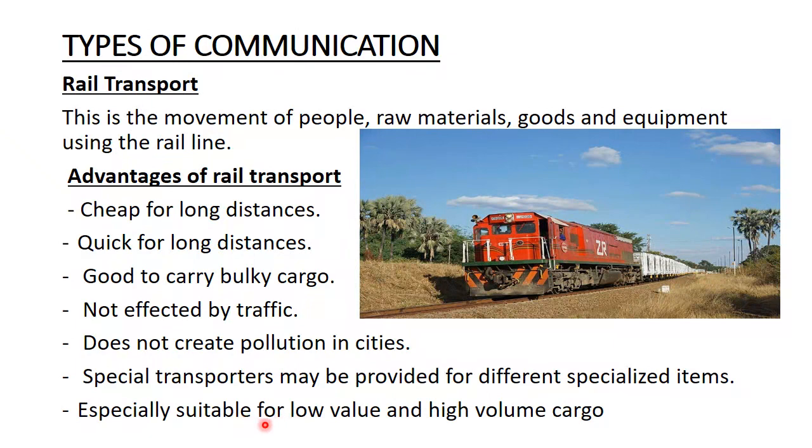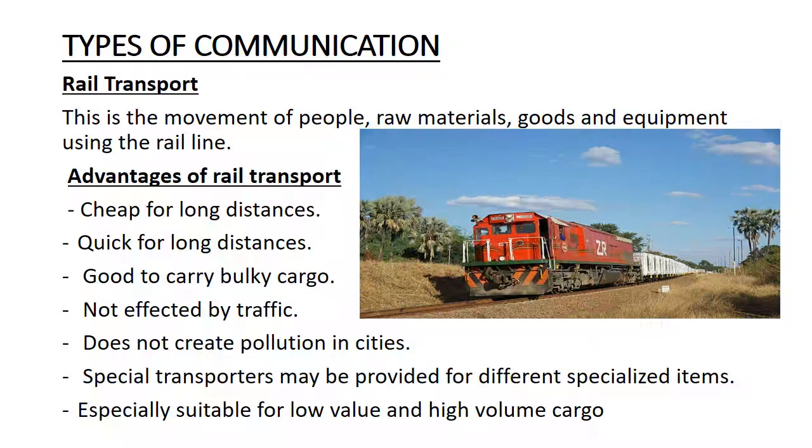It is especially suitable for low value and high volume cargo. Low value but high volume cargo means that the cargo you want to transport is not expensive, but it's a lot. For example, timber may not be expensive, but if you want to transport it in large quantities, you can use rail transport.